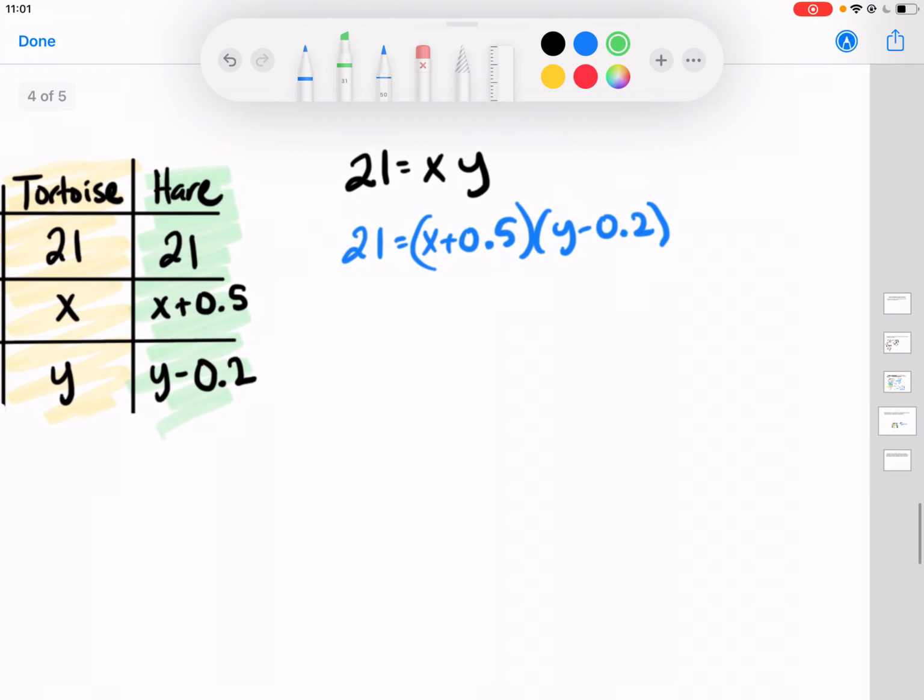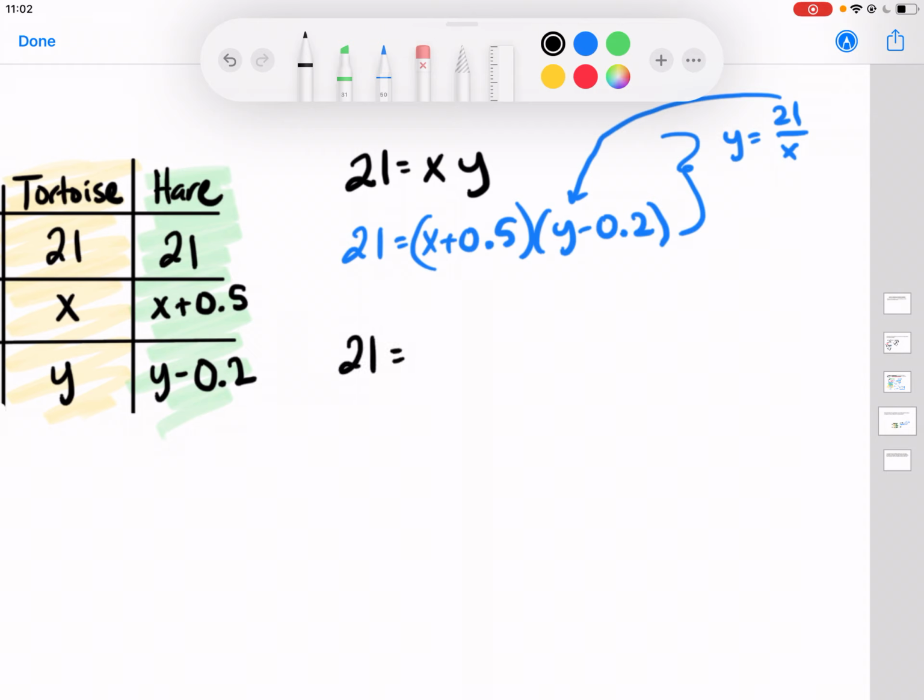As one other further hint for you guys, I would suggest solving for Y, and then plug that 21 over X in for the Y. So we have 21 equals X plus 0.5 times 21 over X minus 0.2.